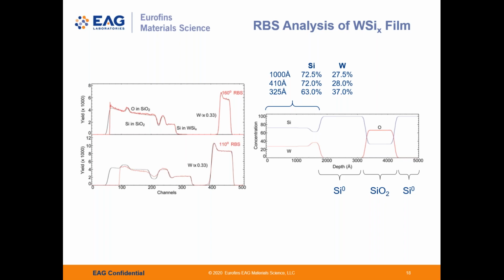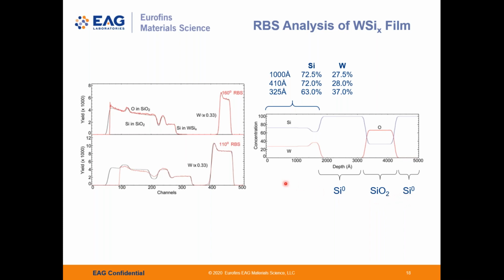So here's the example. The film structure is about 2,000 angstroms tungsten silicide deposited on top of 1,100 angstroms of polysilicon, then a layer of 1,000 angstrom silicon oxide, finally the silicon substrate.